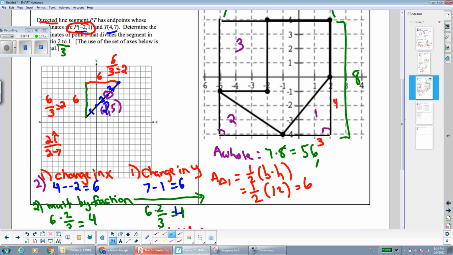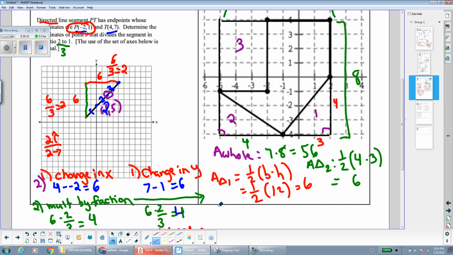I also need to find the area of triangle 2. That's going to be 1/2 base, which is 4, times height, which is 3. So that's half of 12, which is once again 6.